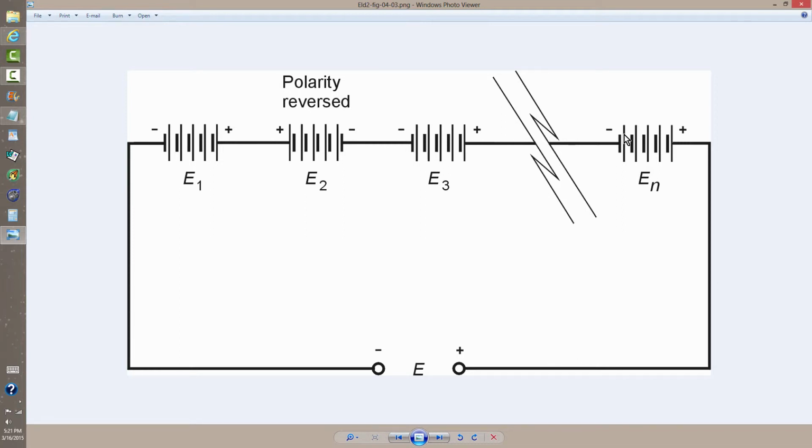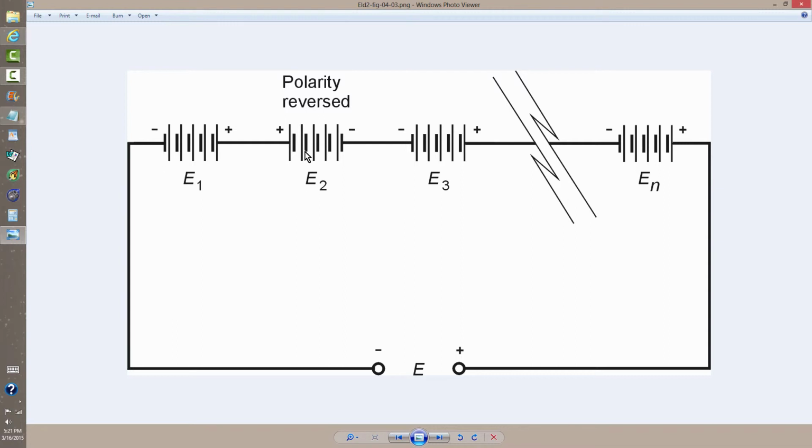That's the theory. Well, I did a little experiment with flashlight cells in a book called Electricity Experiments You Can Do at Home. I believe that is one of the experiments in that book, but I have done this experiment. And in fact, that is what happens when you reverse the polarity of one electrochemical cell like this.